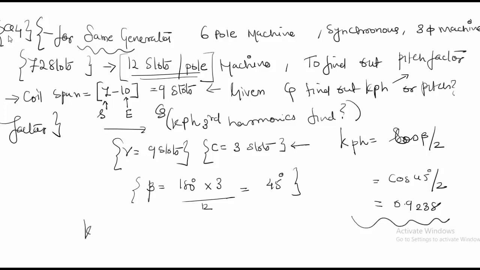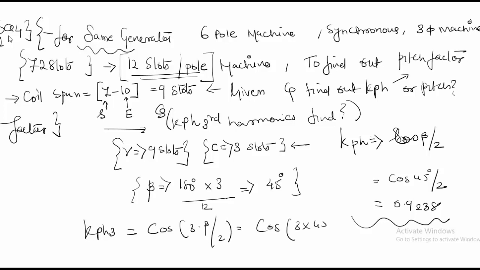So Kp for the third harmonic will be equal to cos of 3 into beta by 2, which is equal to cos of 3 into 45 divided by 2, which comes up to 0.382.